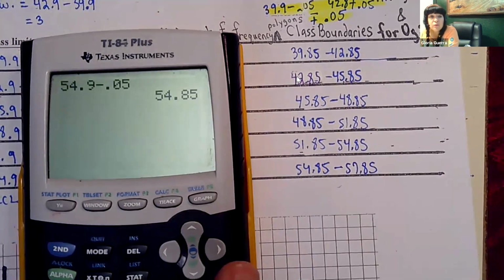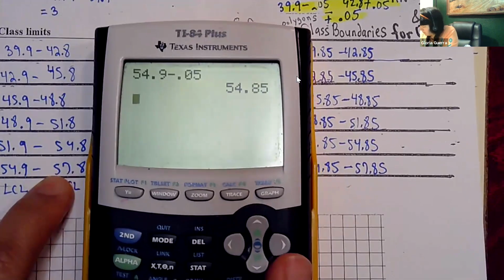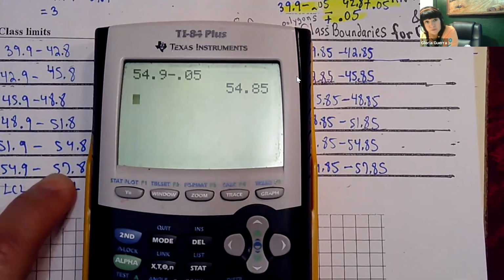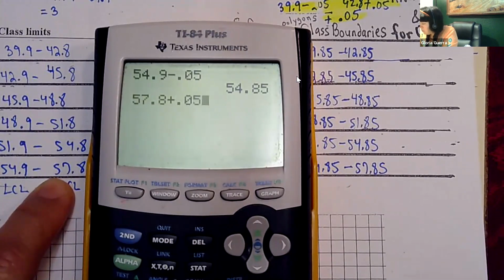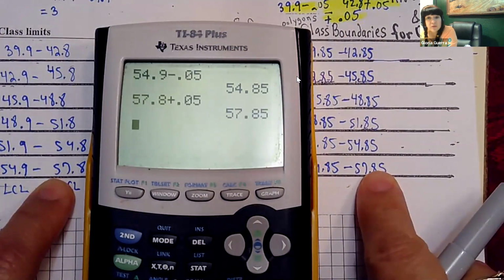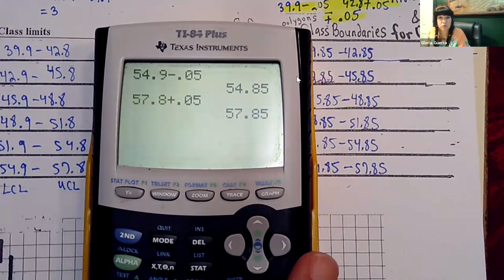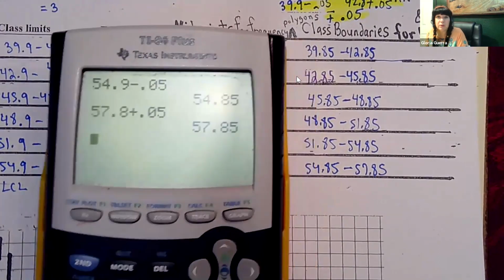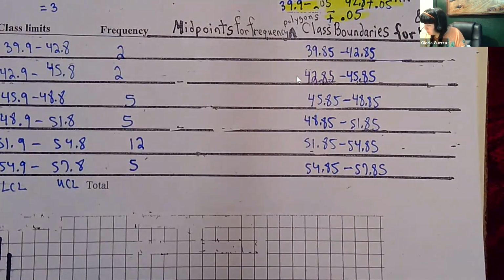Okay, and again, if you wanted to spot check, I use this one here, 57.85, and then I'm going to add 0.05. So remember this, don't forget about that. And it should match that. So you can always spot check those two that way, okay? But now we got our class boundaries done, okay?